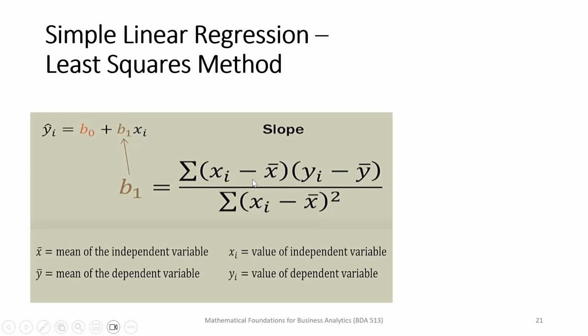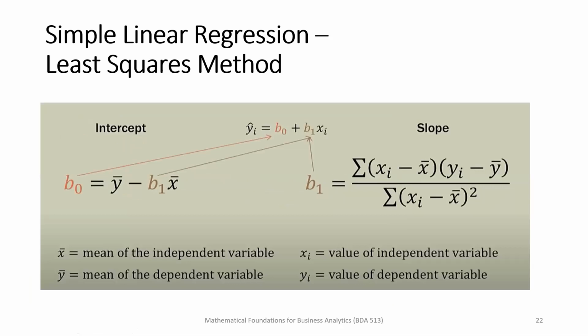So for the B sub 0, it is the mean of Y minus the mean of the independent variable multiplied by B1. All right, so that's how we calculate the intercept.